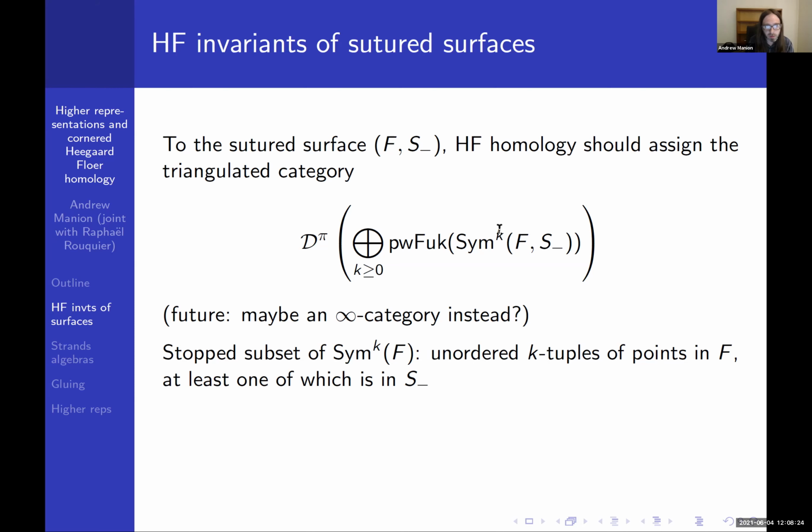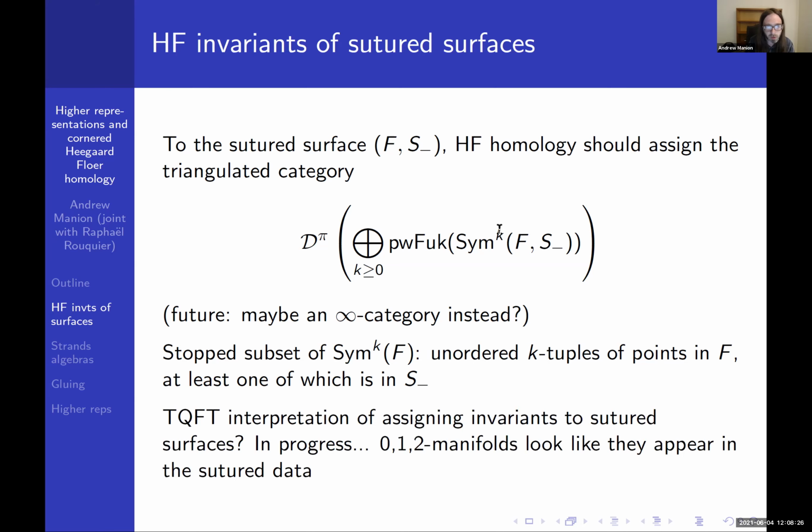So that's my stops in Sym^k, and I can take a partially wrapped Fukaya category, though I'm not an expert on the details, so I hope I don't get asked too many technical questions about such things. Then one takes a derived category, and with the derived thing, you can show that it's an invariant up to equivalence of derived categories.